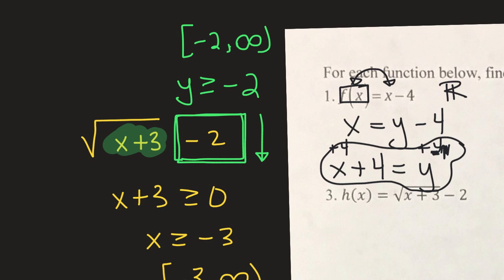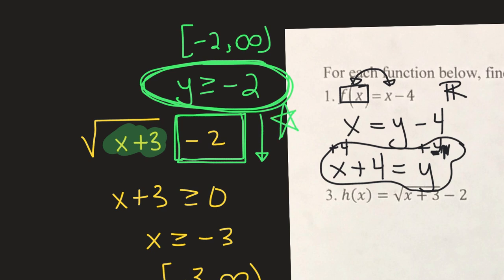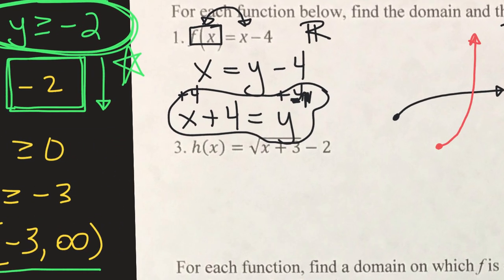Okay, and that's going to come up here again, because remember, when you switch your x and your y's, the domain of what you start with becomes the range of your inverse. And the range of your original becomes the domain of your inverse. So actually, this one is more important to us for our purposes. So let's go back and actually find out what this equation is.